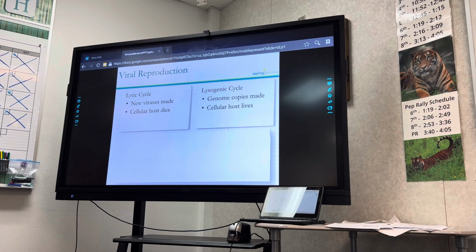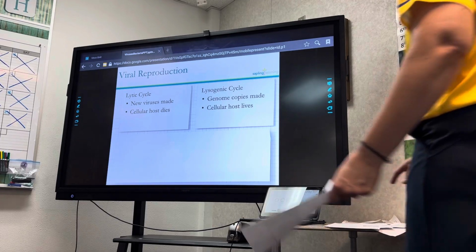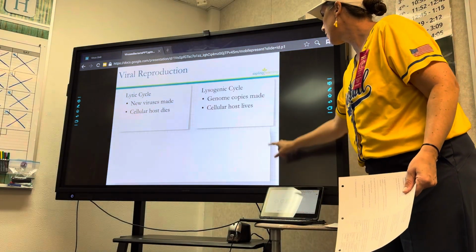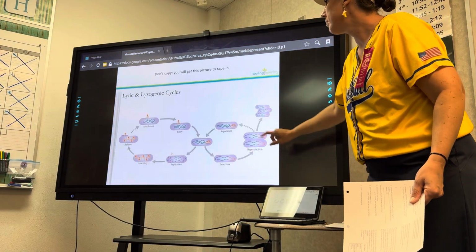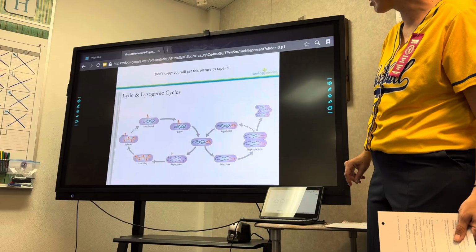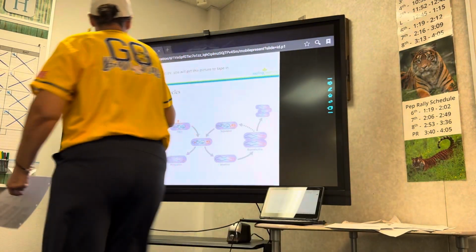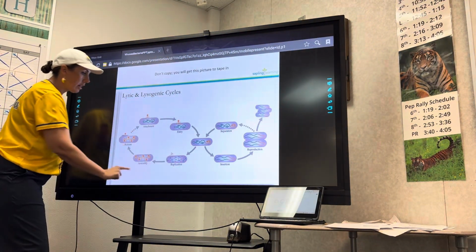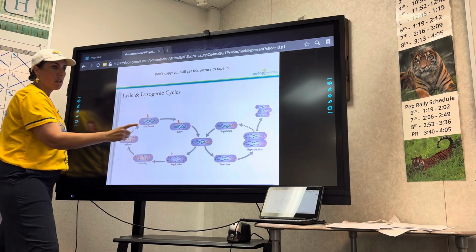Now, in the lysogenic, a lot of times the host cell keeps on replicating virus DNA, but anytime it can become lytic and explode. So look up here, here's a good representation. This is lytic, lit match, explosive.